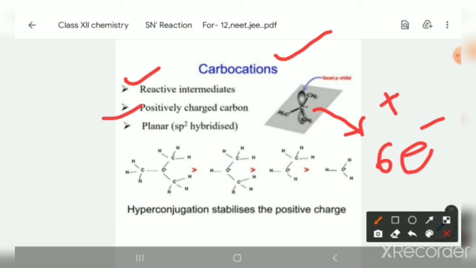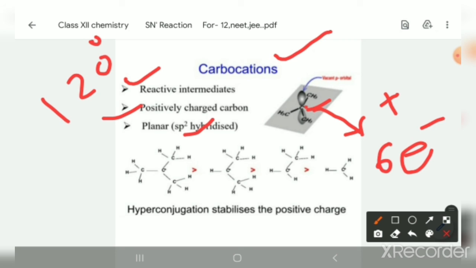It is a positively charged carbon, and the hybridization of this carbon will be sp2. That is why the structure will be triangular planar, and the bond angle will be 120 degrees.